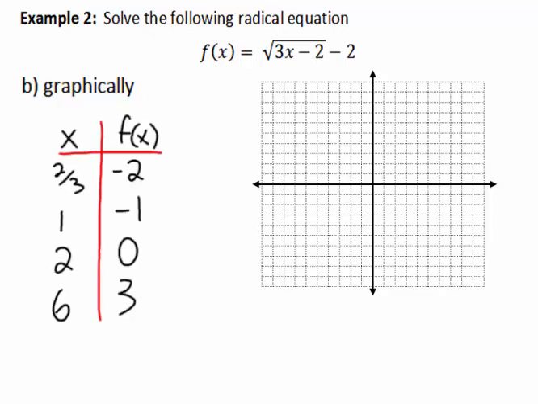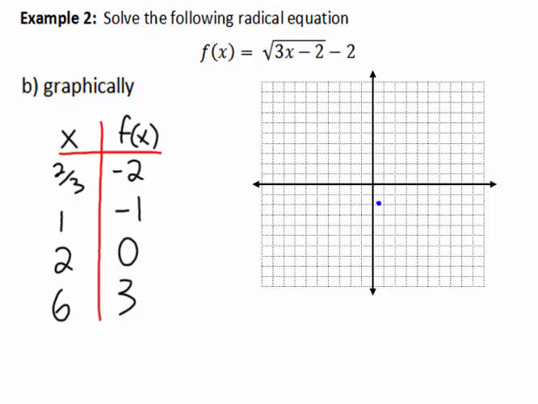So remember, to graph this radical equation, we want to find the starting point, and that's where the radical, in this case a square root, is equal to 0, at x equals 2/3. The radical will be 0, and of course the f of x, or the y solution, then will be negative 2. So on the graph, we would be somewhere approximately down here.